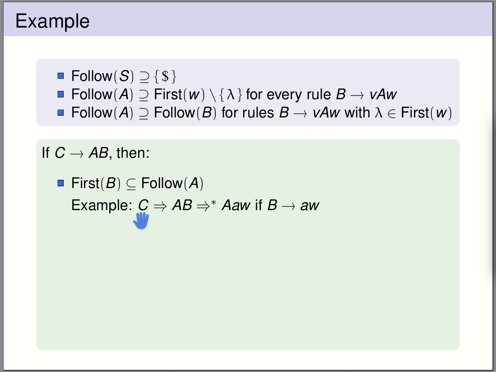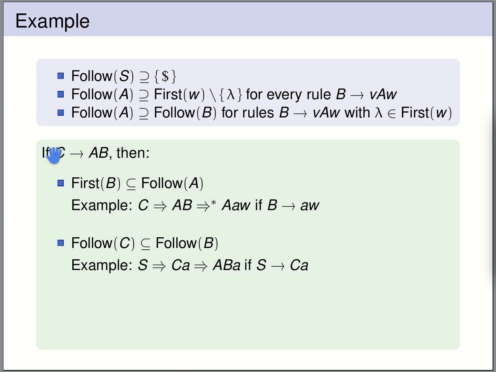Because we can replace C by AB, and we can replace B by AW, and then we see that the terminal letter A follows the variable A. And in general, any terminal letter in first of B can follow A.